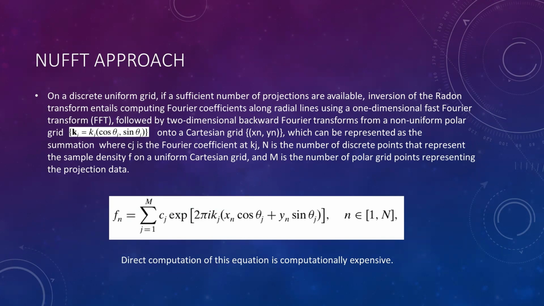This process can be represented as a summation, which is shown below, where Cj is a Fourier coefficient at Kj, n represents the number of discrete points representing the sample density f on a uniform Cartesian grid, and m represents the number of polar grid points representing the projection data. As shown below, the direct computation of this equation is computationally very expensive, and we come up with an alternative approach.